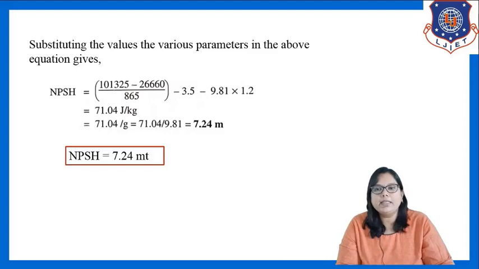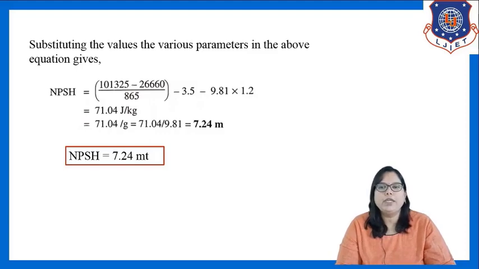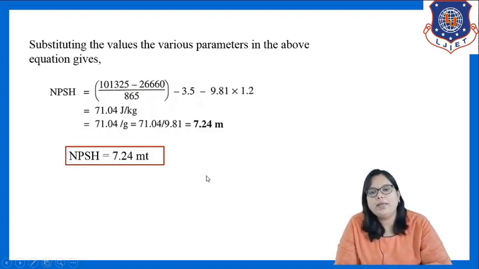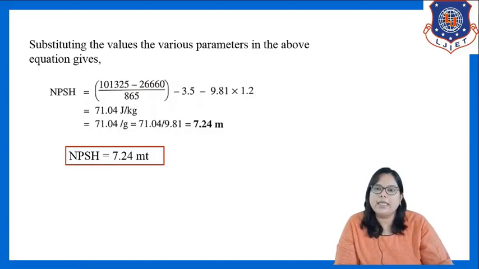We are dividing this value of joule per kg by acceleration due to gravity, so you will get the value in terms of head. So my final answer of net positive suction head, or NPSH, is 7.24. So in this way we can calculate the NPSH in case of any centrifugal pump.